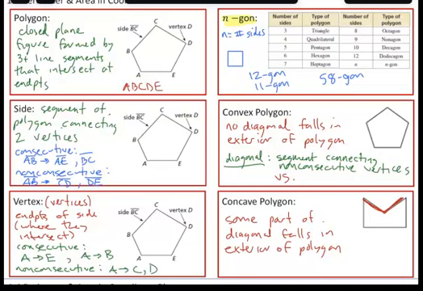We're dealing with a pentagon. And if we choose a vertex and connect all the segments that you can form to non-consecutive vertices, these are diagonals.